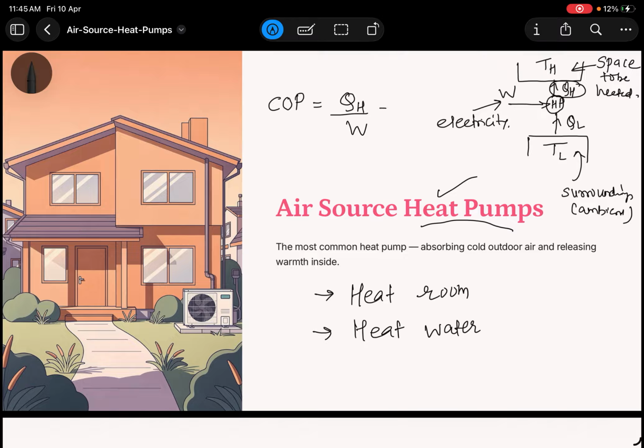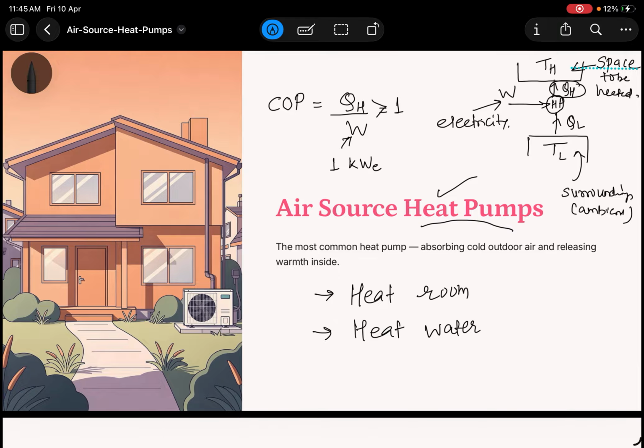Now this is always greater than 1. Because it is greater than 1, it means that suppose you are supplying 1 kilowatt of electrical power, then this QH would be greater than 1 kilowatt.